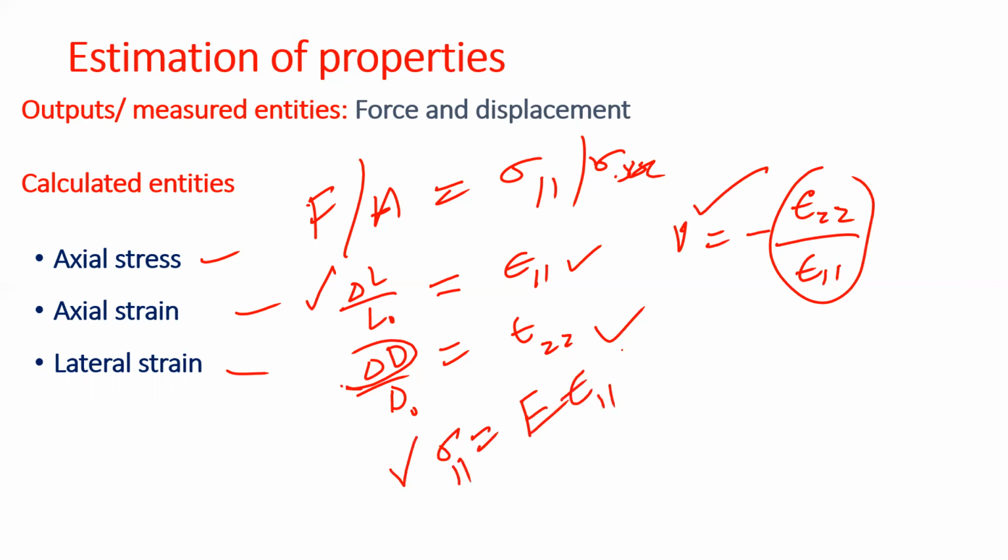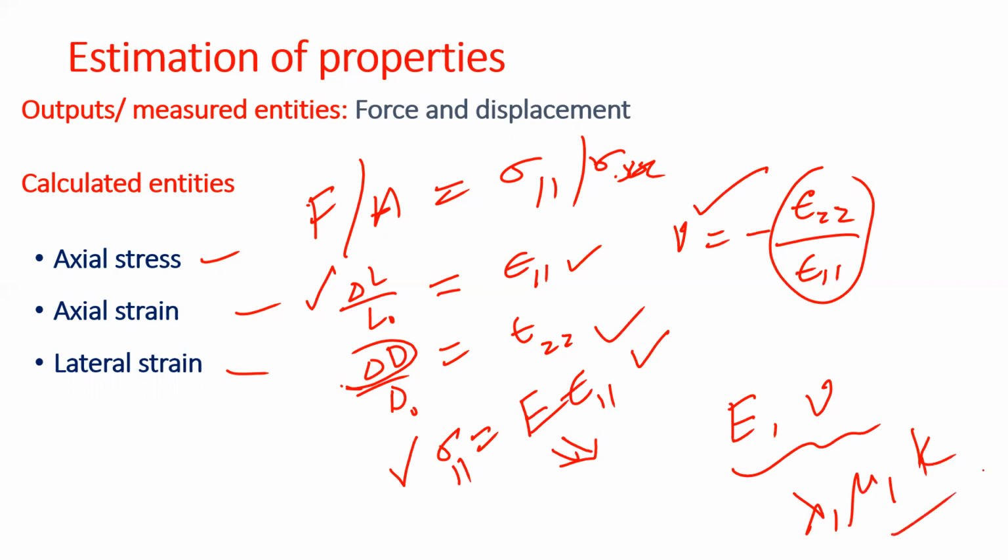We have calculated this, which means you can identify the value of Young's modulus. Once you know the Young's modulus and Poisson ratio, the remaining parameters, lambda, mu, and the bulk modulus can all be evaluated. So using a simple tensile test, we can measure all these 5 quantities. That is why it is commonly used.